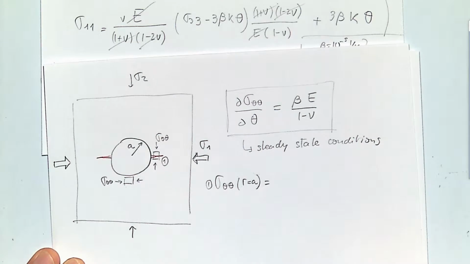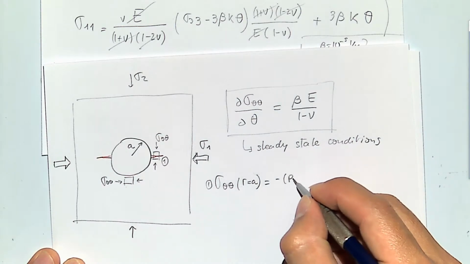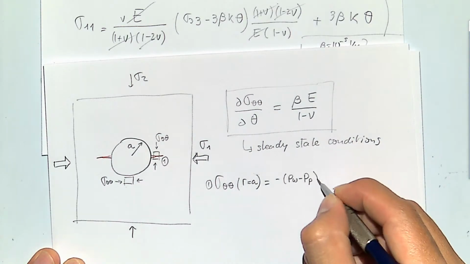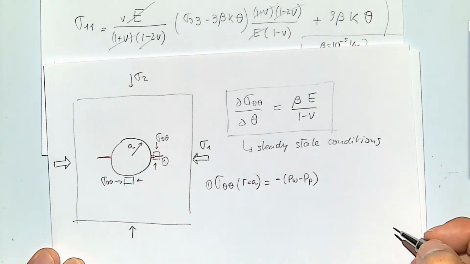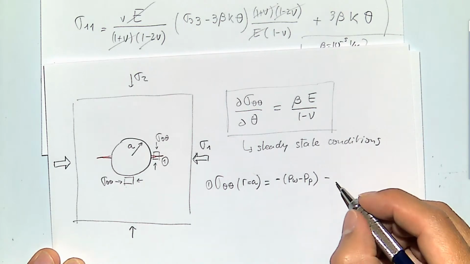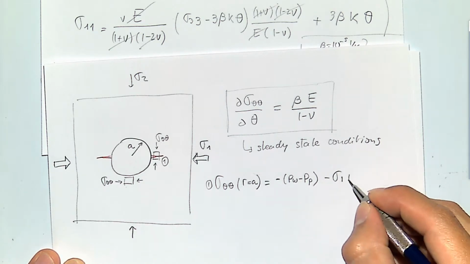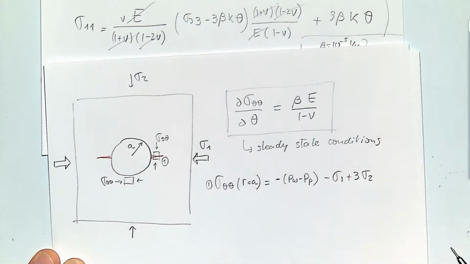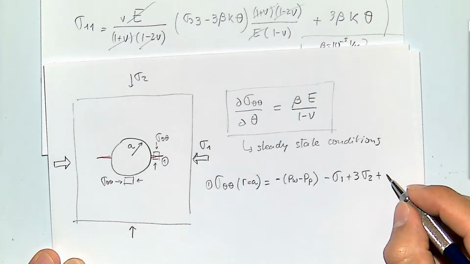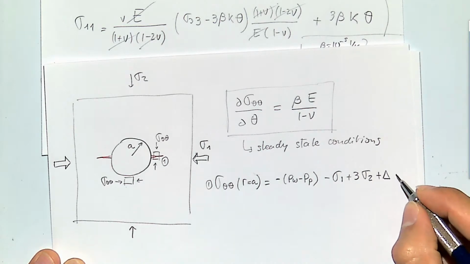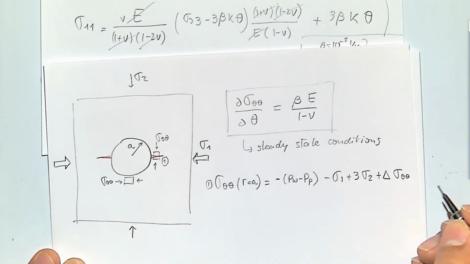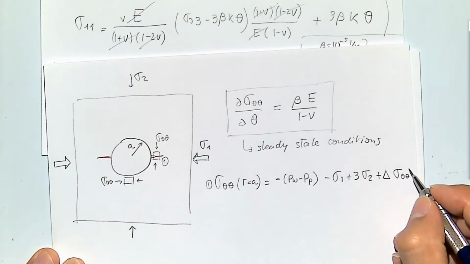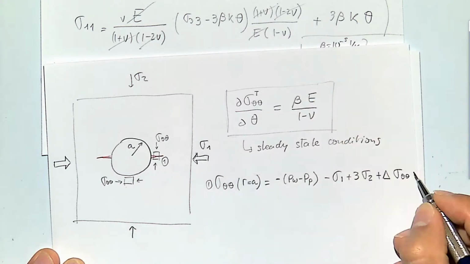It's going to be equal to the pressure in the wellbore minus the pore pressure minus sigma 1 plus 3 times sigma 2, plus the change in hoop stress due to thermal conditions.